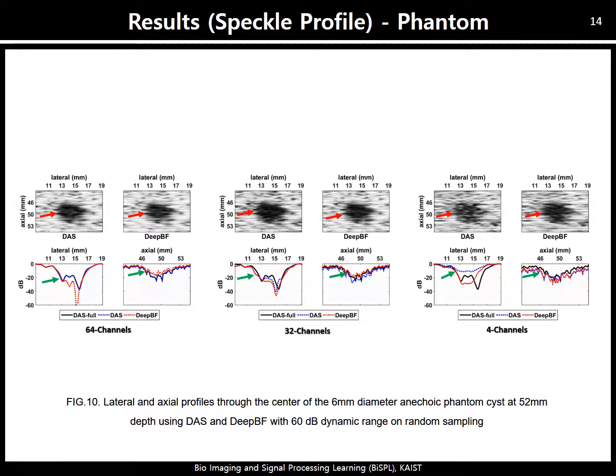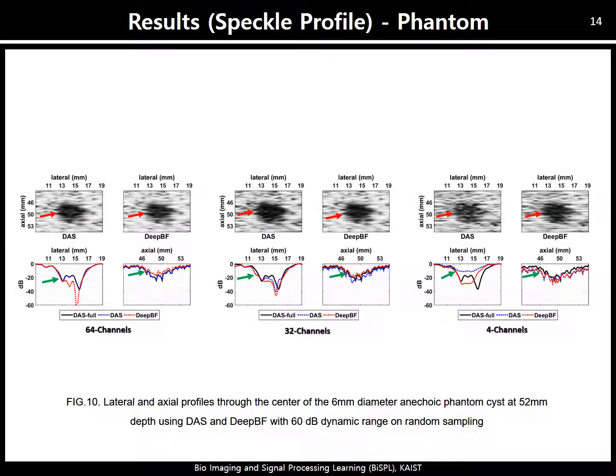Like if you see the 16 times subsample result and the fully sample case, there is no significant degradation in the axial resolution. This is because we have high sampling frequency in the axial dimension. Like if you see the lateral dimension, we have 192 channels, and at maximum here we use 96 scan lines.